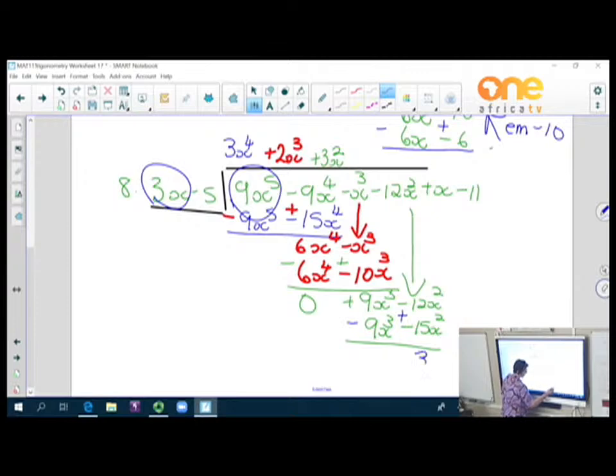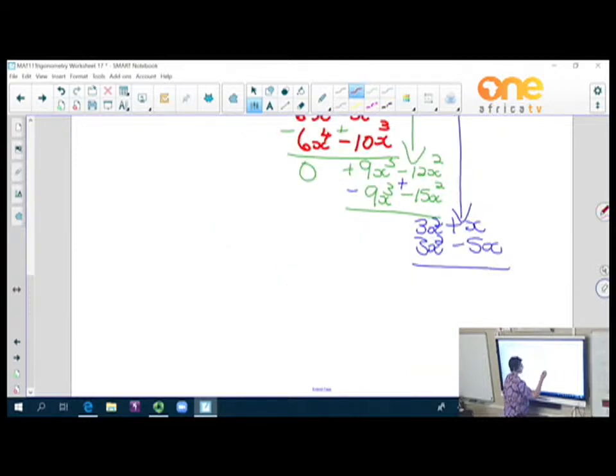So this one is then 3x squared. You bring down the plus x. How many times will it divide? Plus x times. Remember, you divide now with that 3. So then we get 3x squared minus 5x.